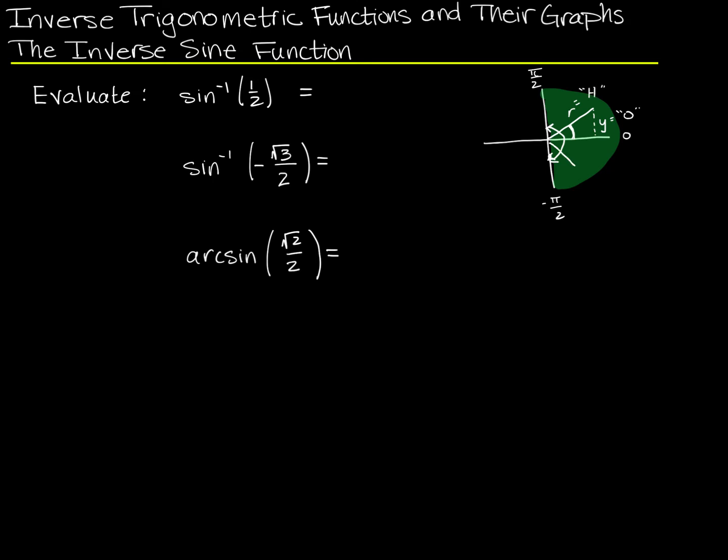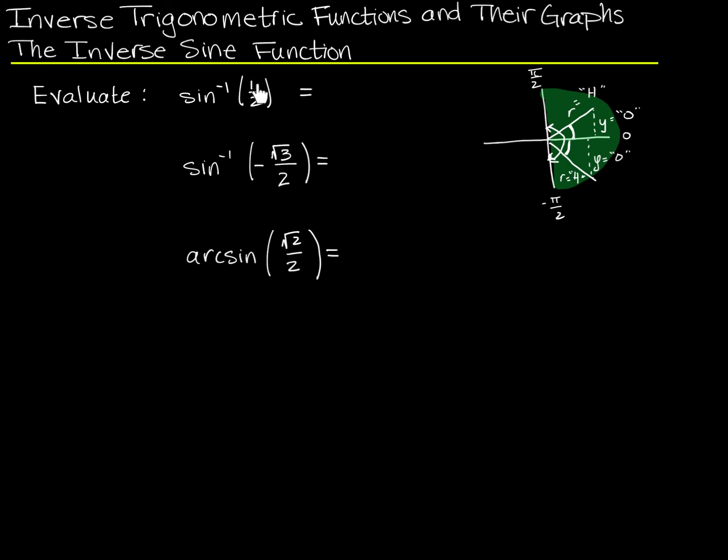But there's also a potential angle down here. Let's do this, and that would be y, or opposite, and this here would be r, or hypotenuse. This is my hypotenuse here. And I can take an angle from either of these two quadrants to answer this question.